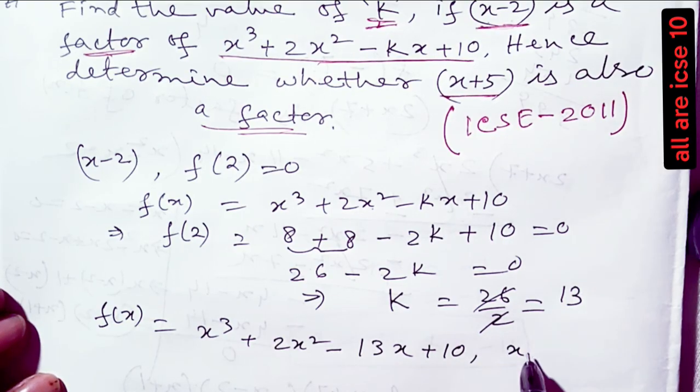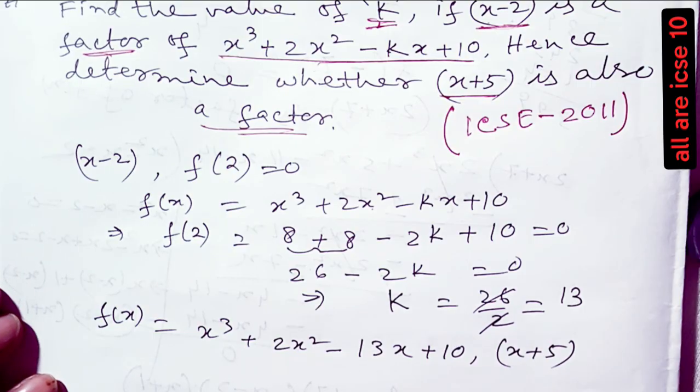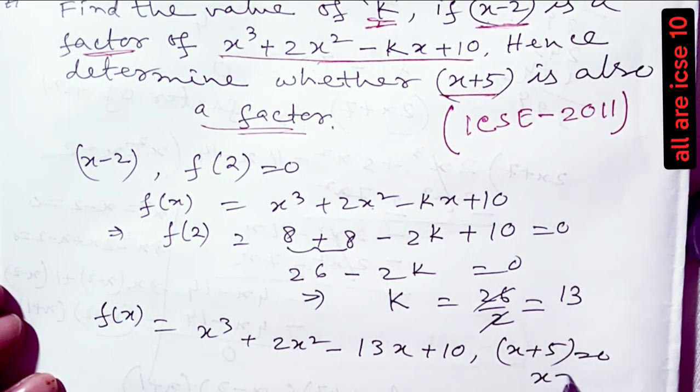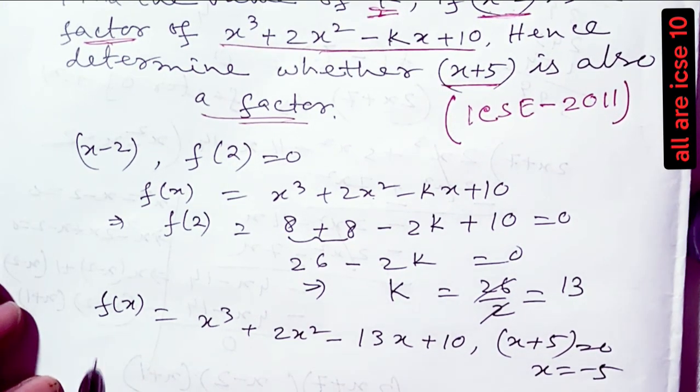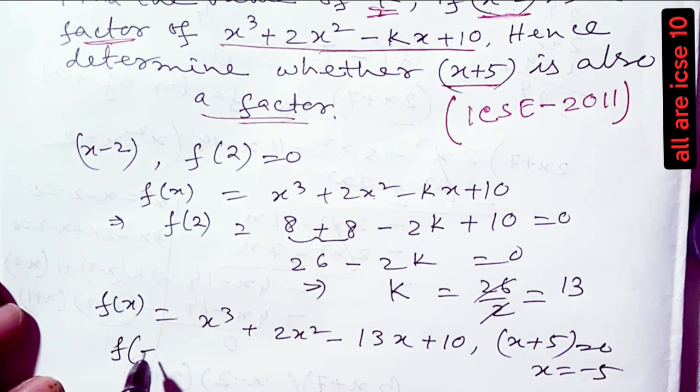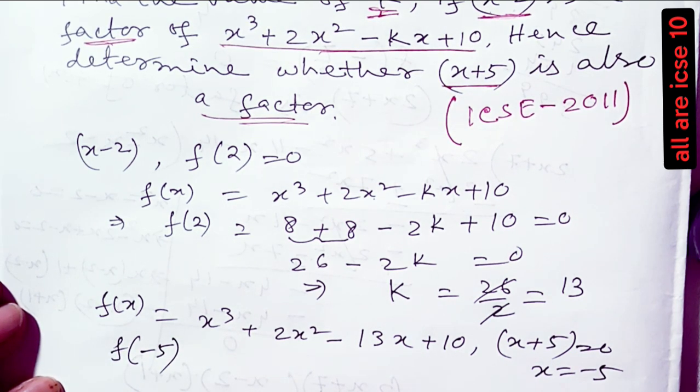If x plus 5 is also a factor of fx, then x equal to minus 5, means f minus 5 will be 0. If f minus 5 will be 0, then x plus 5 is also a factor of fx.